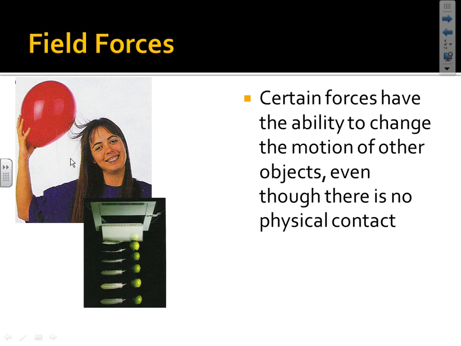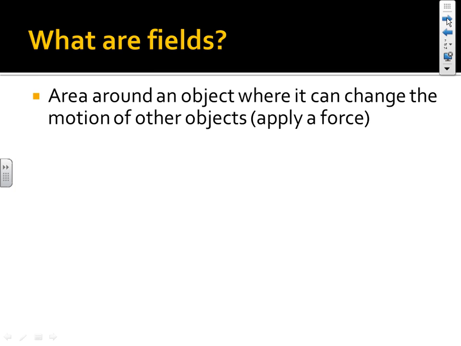North Pole, South Pole, all that fun stuff, right? Even though there's no direct contact, we can still get those objects to move. The area around that object where it can cause other things to move is called the field. Right? So the field is an area around an object where it can change other things.